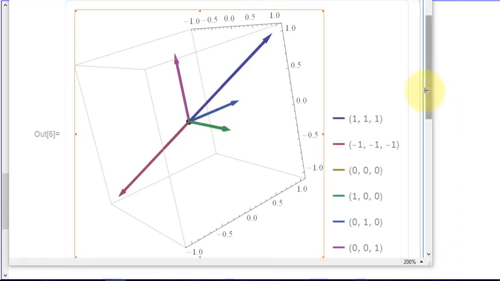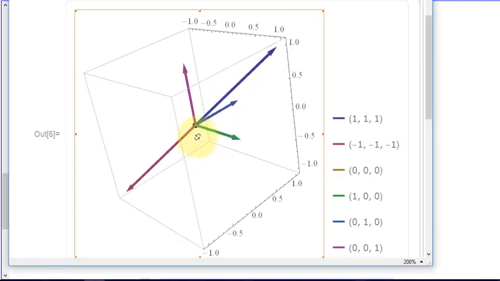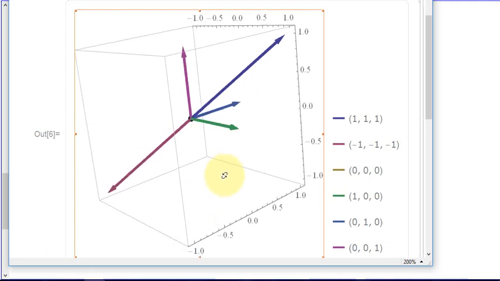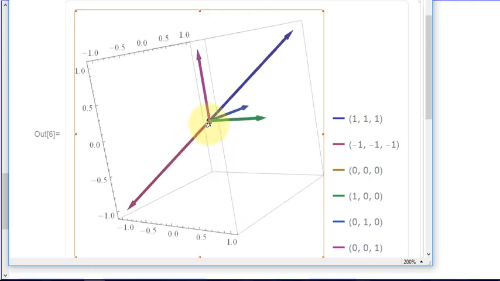All right, so here I'm using Mathematica to try to visualize these two vectors. The blue vector is a vector that goes to the point 1, 1, 1. And the darker red, sort of maroon one is the vector that goes to -1, -1, -1.